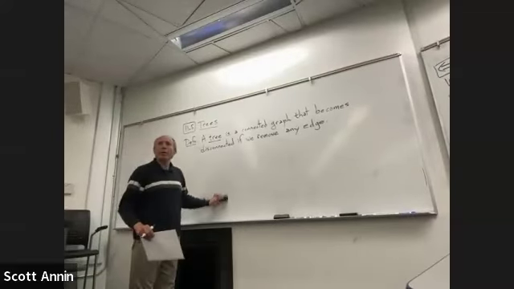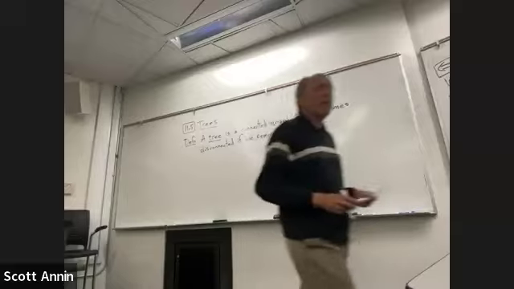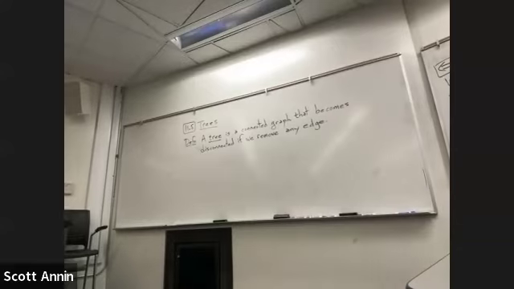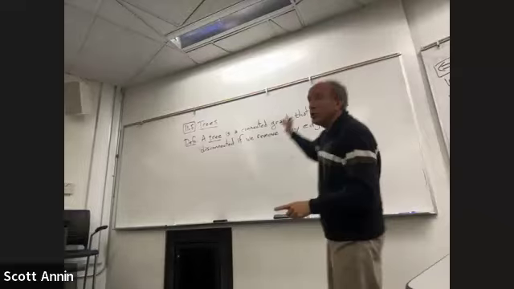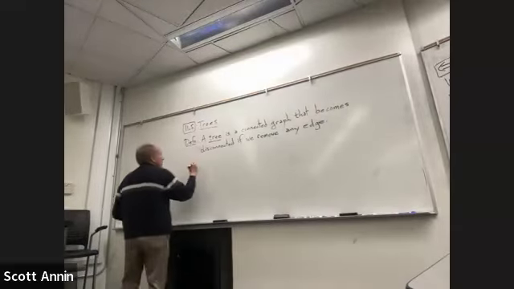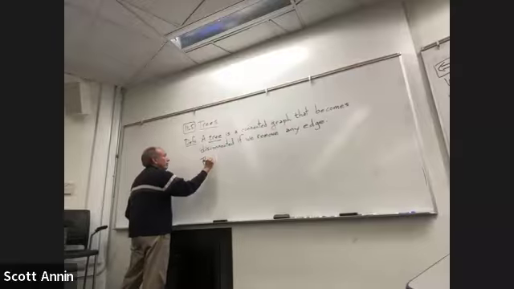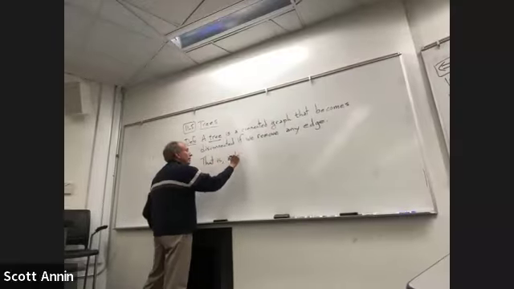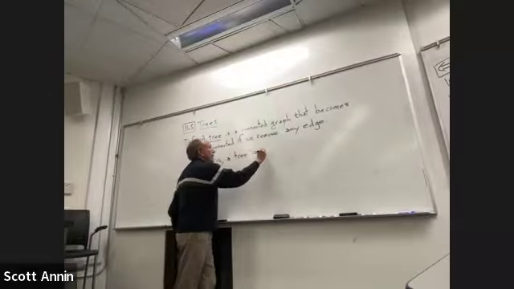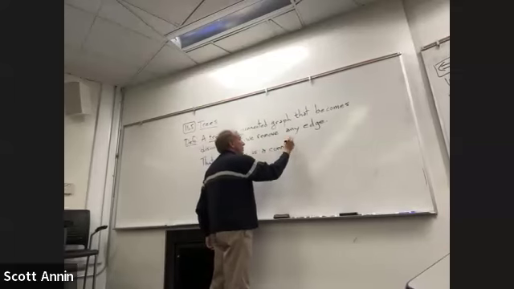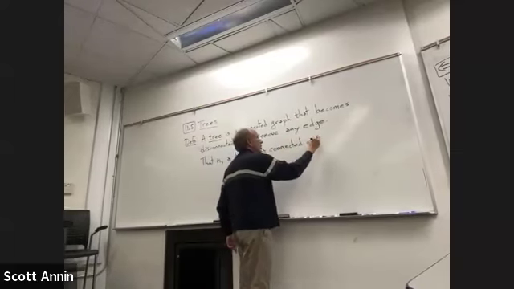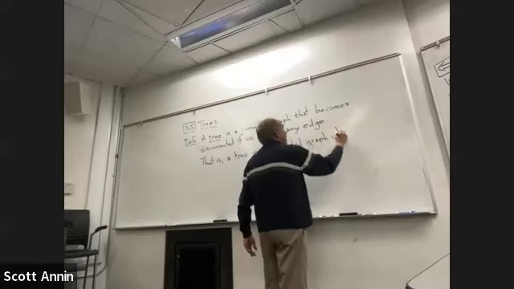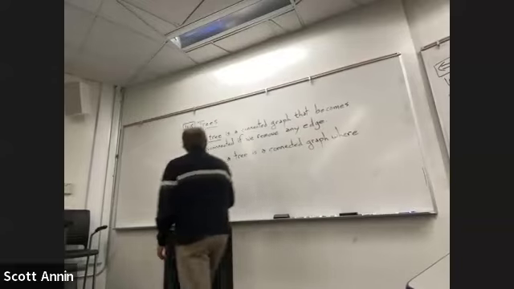Does anybody remember, did we talk about something like this? If you take a connected graph and you remove an edge and it becomes disconnected, what did we call that edge? It's a bridge, right? It was called a bridge. So this is just another way of saying, so let me just say that, a tree is a connected graph where every edge is a bridge.